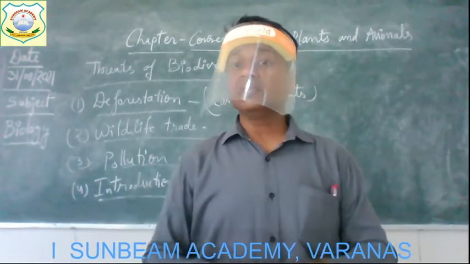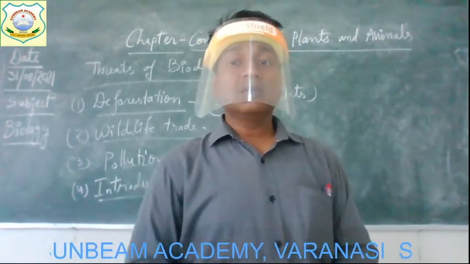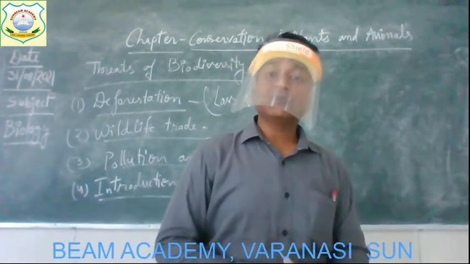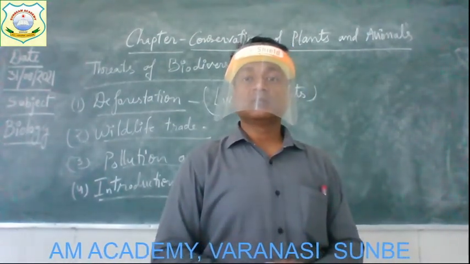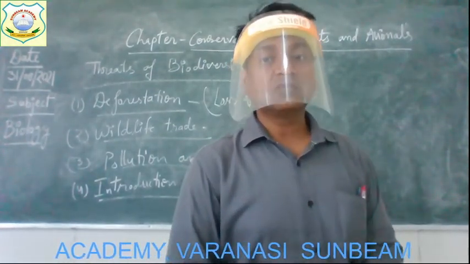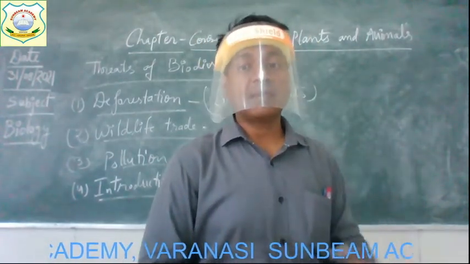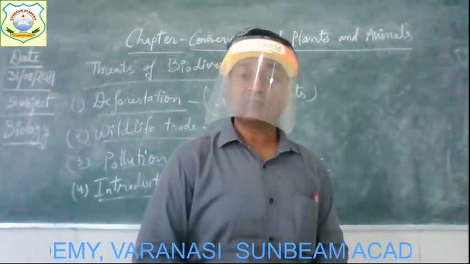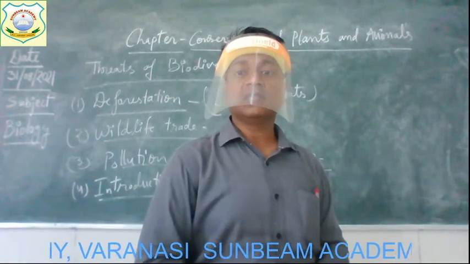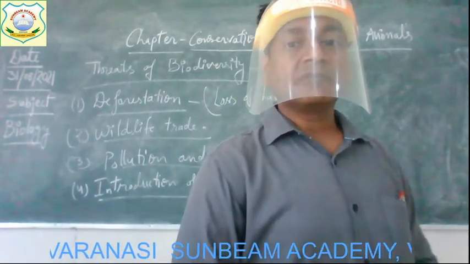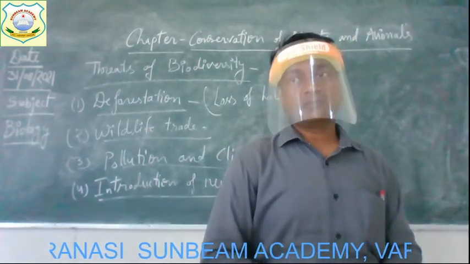Sometimes what happens? The new species introduced in an ecosystem by humans disturbs the balance of the ecosystem. For example, it may disturb the existing food chain, and this may result in the death of certain species.